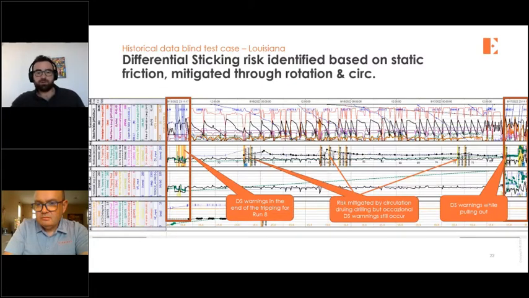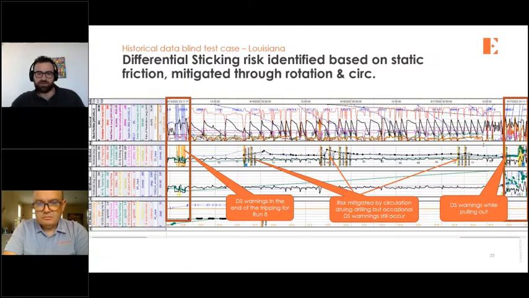The software later identified that there were some issues, and as part of the drilling, they were rotating and doing some extra circulation to keep conditions good. So the risk was partially mitigated by that circulating and rotation during the drilling, but they still had a couple of odd warnings during that period. They didn't get stuck in this case, but there was that remaining risk, partially mitigated. However, they were okay through that drilling period.